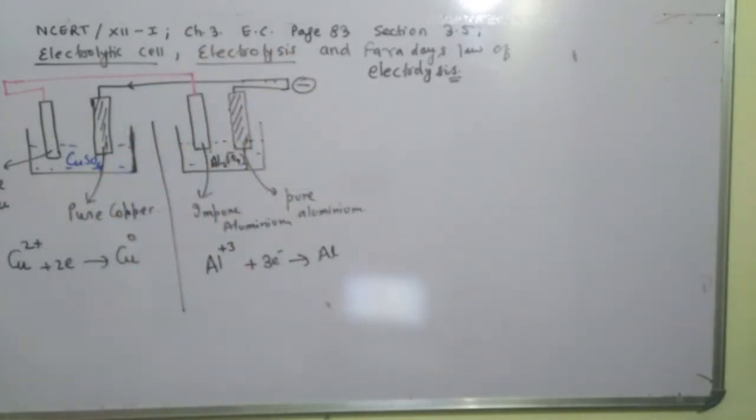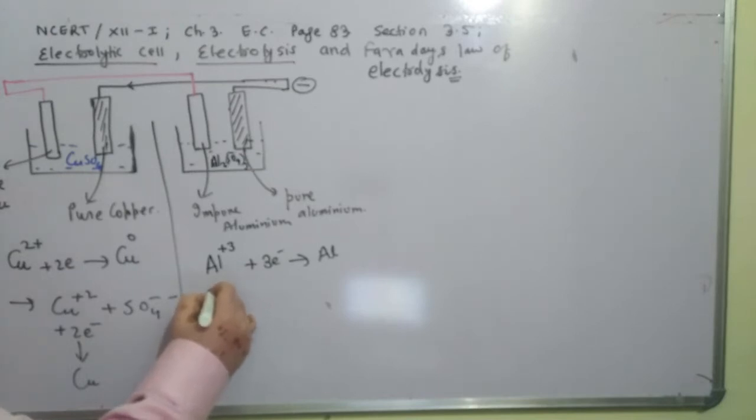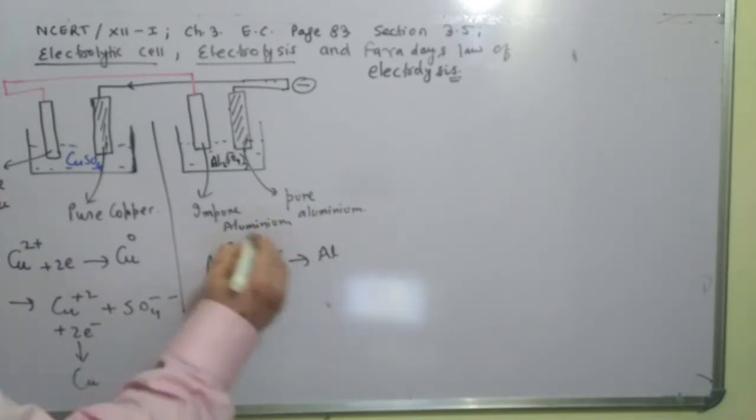So this is one electrolytic cell, this is another electrolytic cell. What is happening here? Electrolysis is taking place. Copper sulfate solution forms Cu2+ and SO4 2-, and Cu2+ takes 2 electrons to become Cu here, and Al3+ takes 3 electrons to form Al here.